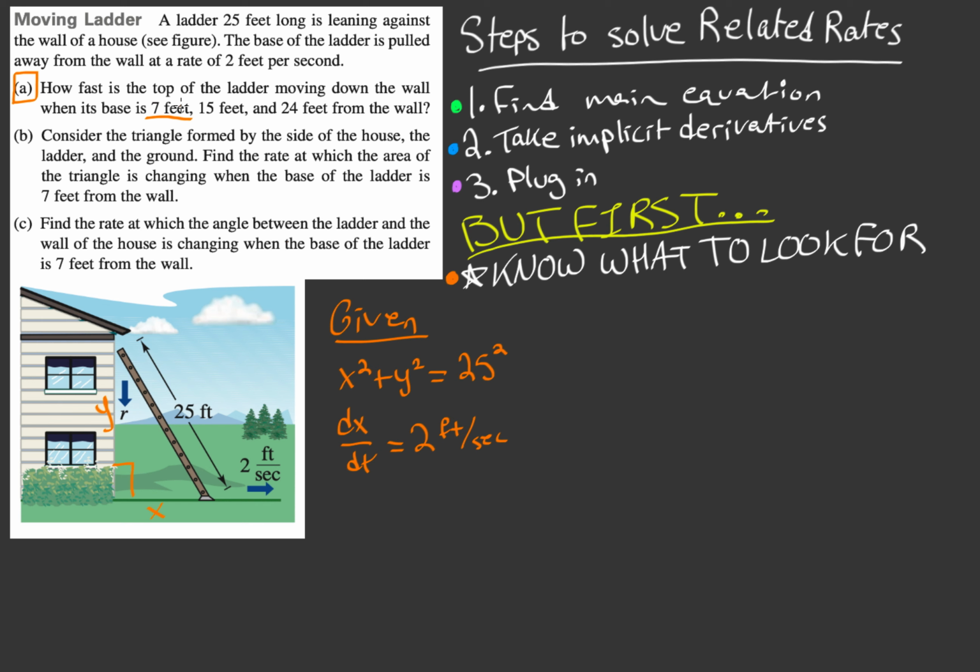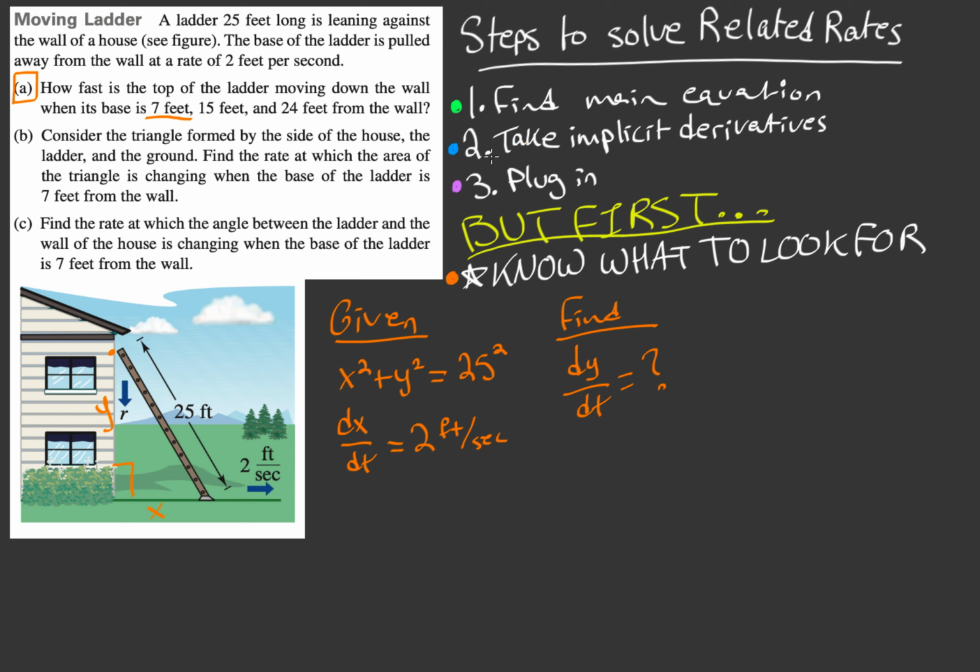Then the question asks how fast the top of the ladder is moving down the wall. The top of the ladder, this point, represents our y coordinate because we labeled this side as y. So it's asking how fast y is changing with respect to time, so it's telling us to find dy/dt, the change in y as time passes, right?